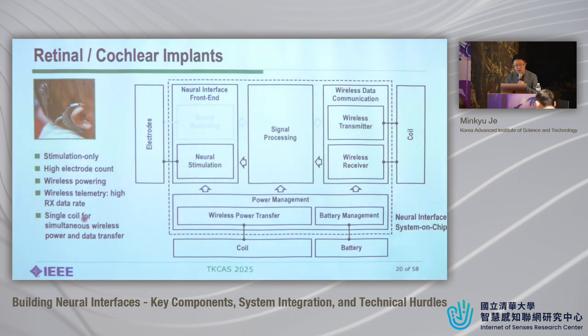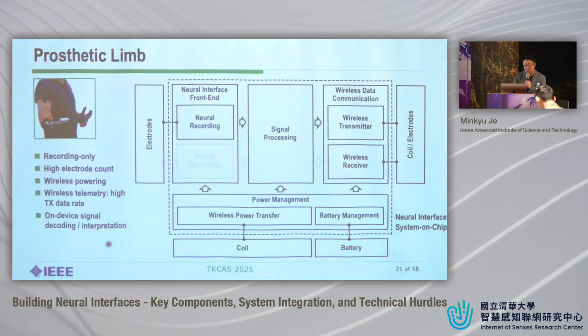So how can we communicate large amounts of audio and video data, and also transfer a sufficient amount of power at the same time, using one small single coil? That is the challenge of this type of system design and implementation.